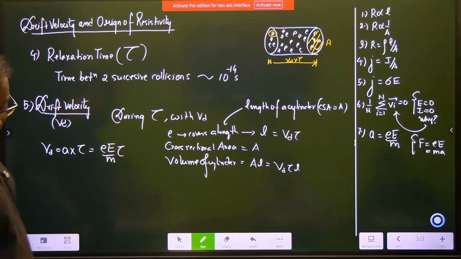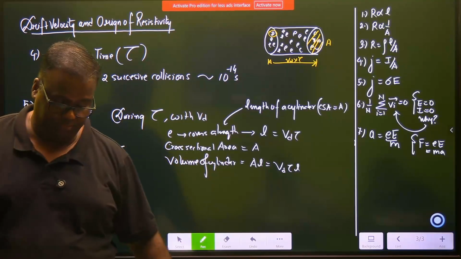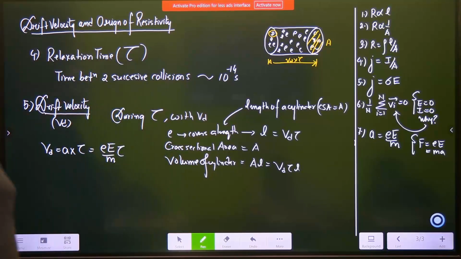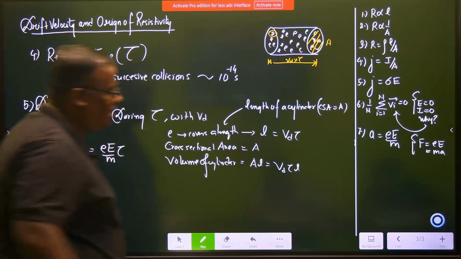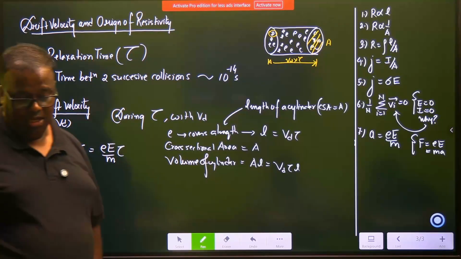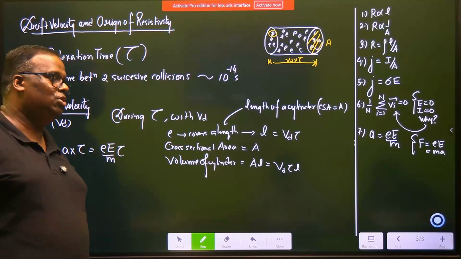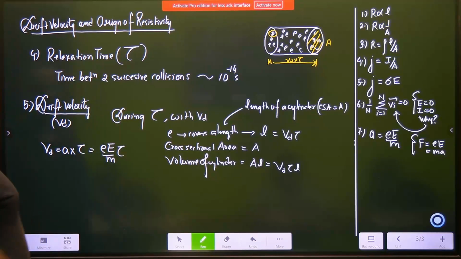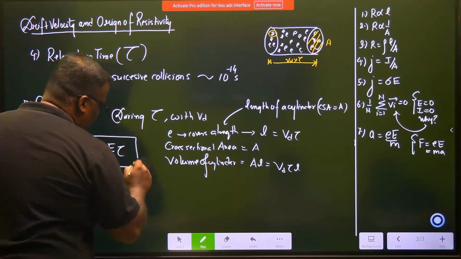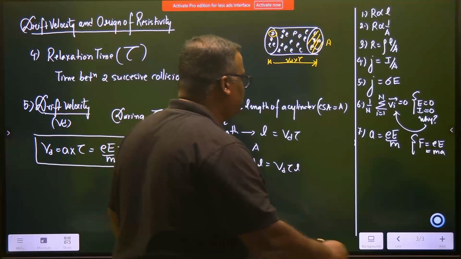Okay, so this means you can write down: electrons still move randomly. We are basically trying to write that same diagram, that random motion and drift. Electrons still move randomly, but superimposed on that random motion is a small average drift.